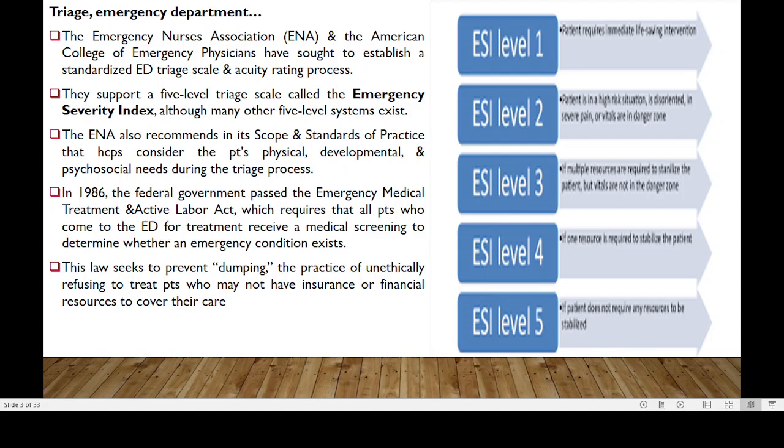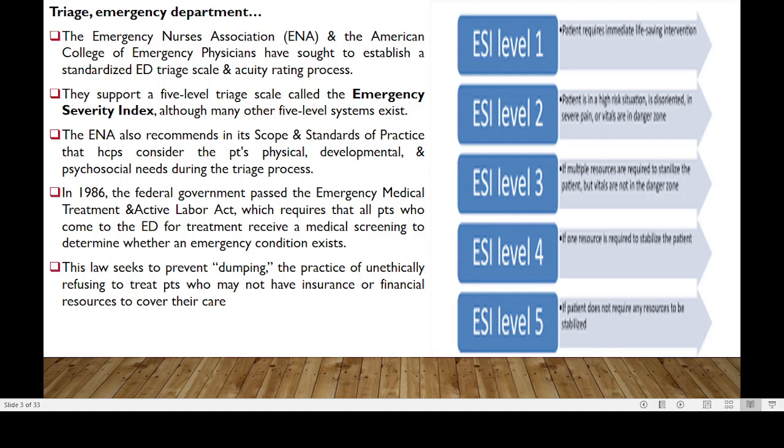So in those developed nations, US, Canada, and UK, they use a triaging system that has levels. It just differs a little, but actually it has the same concept. So we have the Emergency Nurses Association and the American College of Emergency Physicians.